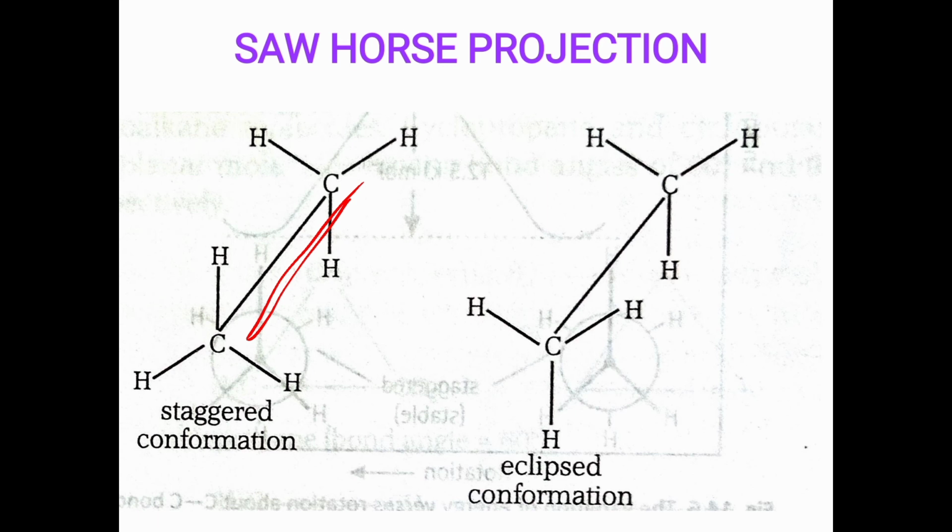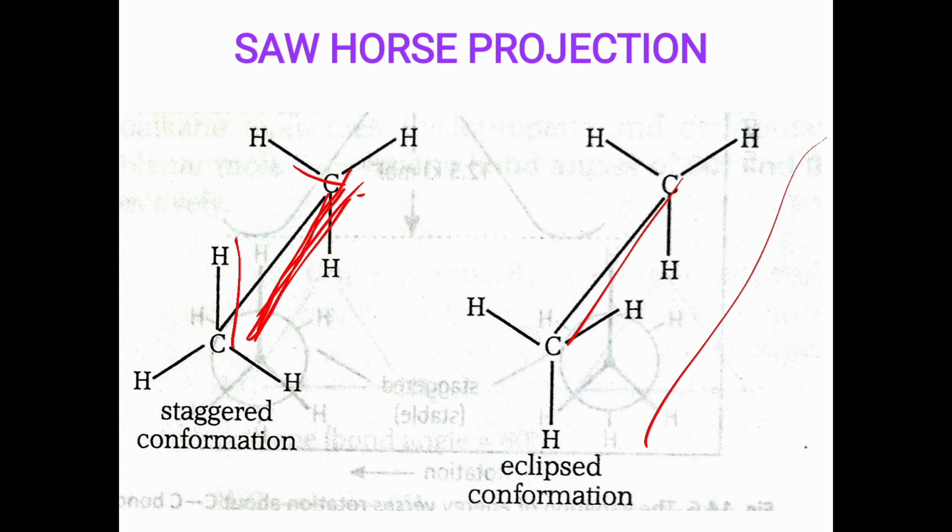As a result, the orientation of this hydrogen and this hydrogen can be changed. In this figure you see carbon to carbon, with hydrogens on each carbon. Now the carbon to carbon rotation is being done.